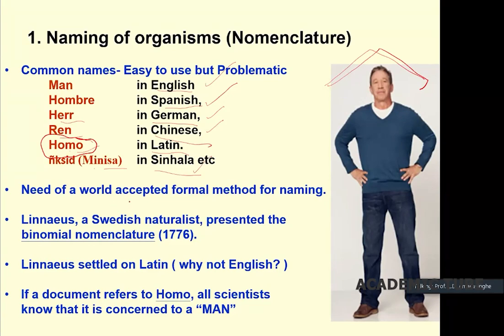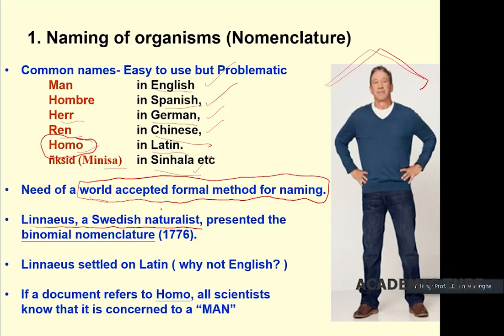So it is the world accepted nomenclature for naming organisms, a world accepted formal method of naming an individual. This was initiated by Linnaeus, a Swedish naturalist, who initiated binomial nomenclature.